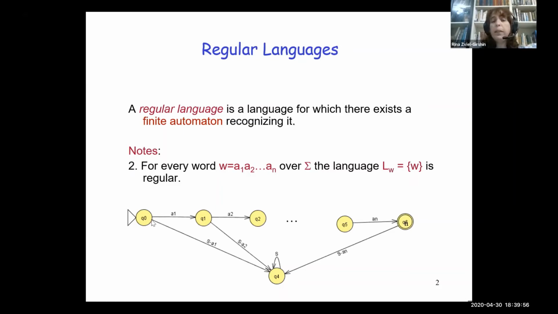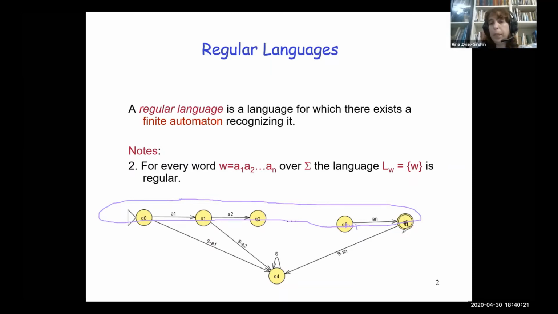So I'm building the word W here. All the letters of W are actually written here. I'm moving with the first letter to the state Q1, with the second letter to the state Q2. With the nth letter, I'm moving from the state Q(n-1) to the state Qn.